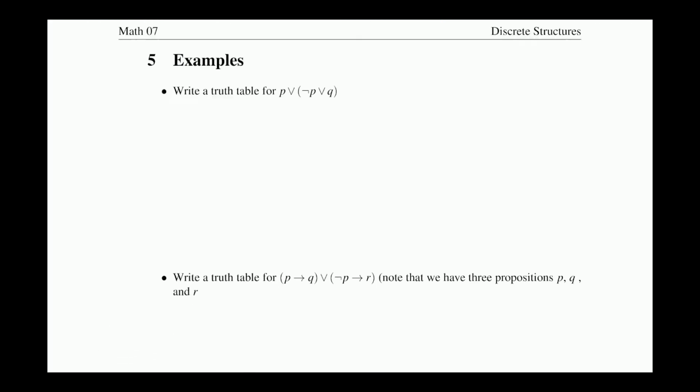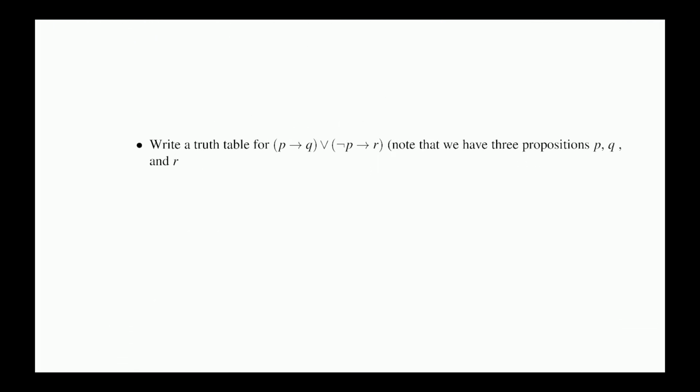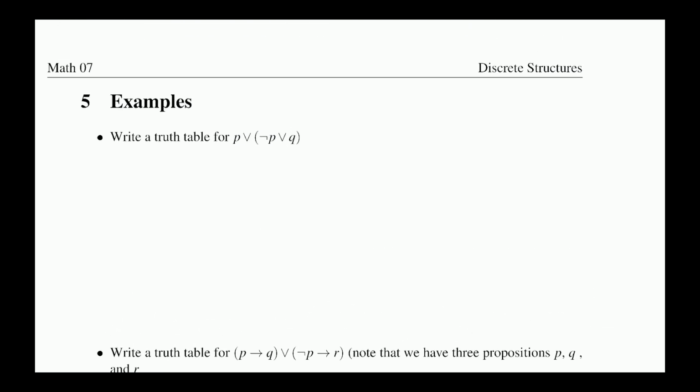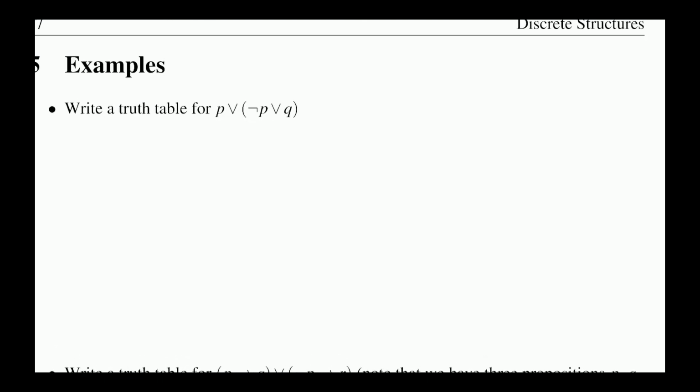So something you're going to need to get good at, or at least okay at, is writing truth tables. Okay. Now, let's write a truth table for a complicated statement here. It's not that complicated. When you're trying to write a truth table for something like this, you want to do it the way we did all the other truth tables.